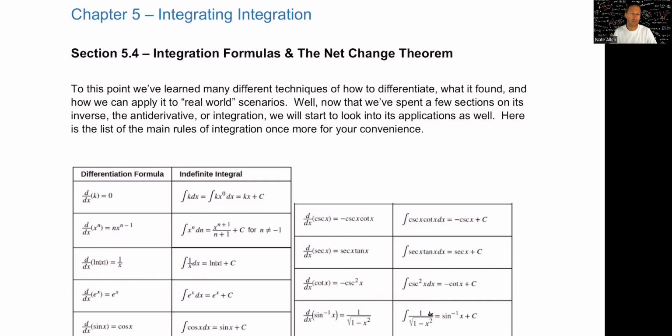But most importantly, how to find, that was part 2, the antiderivative from A to B in that area under the curve condensed down into this quick, easy version.